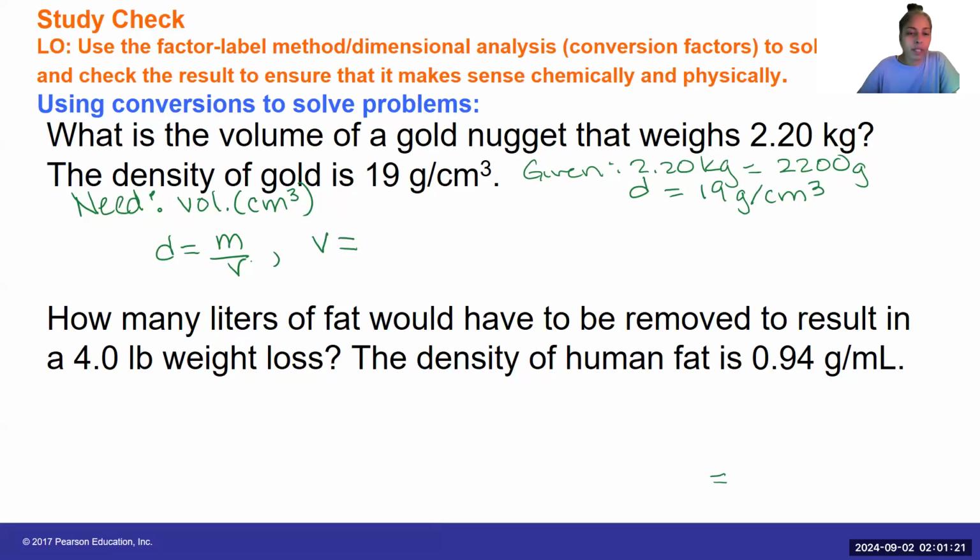So volume is going to be equal to the mass divided by density. So we would multiply both sides by the volume, then divide both sides by the density, and we get V equals M over D. V, what does V represent? Volume. M represents mass, D represents density.